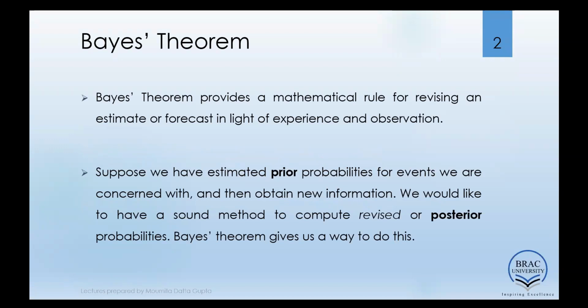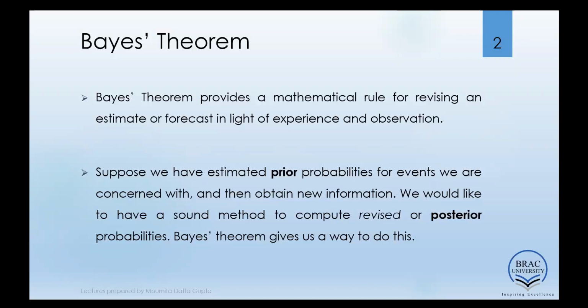What does Bayes theorem actually do? Bayes theorem provides a mathematical rule for revising an estimate or forecast in light of experience and observation. If we have estimated prior probabilities or prior information for events that we are concerned about, and then we obtain new information about them, we often would like to have a sound method by which we can compute revised or posterior probabilities.